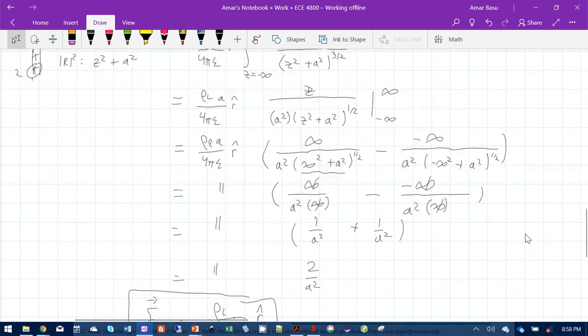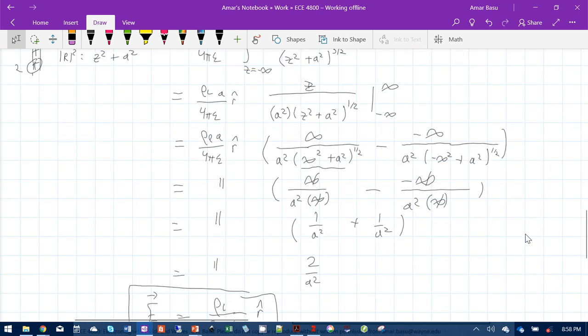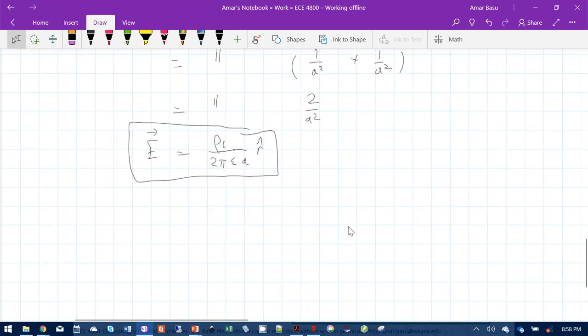Sometimes with these types of problems, you will have to look up things on an integral table. I'll give you the integral table on your exams. Any questions on this?